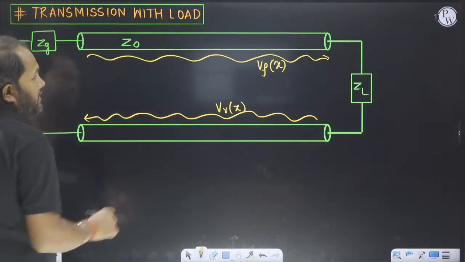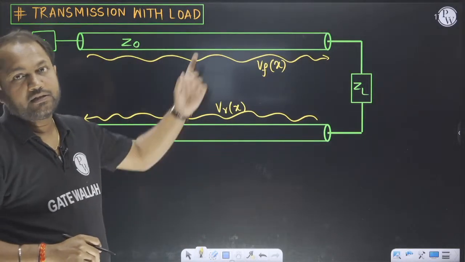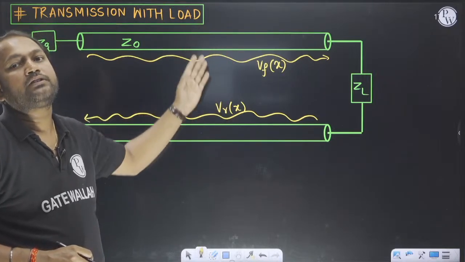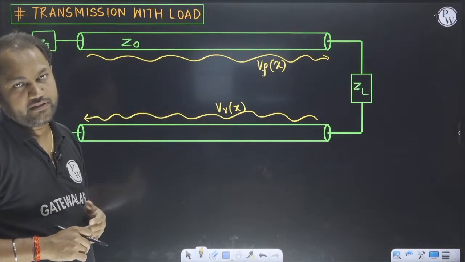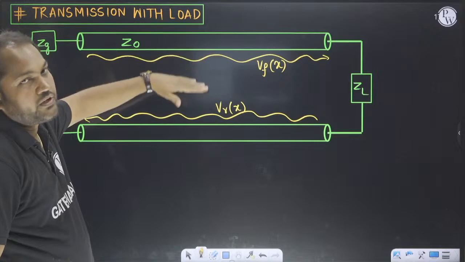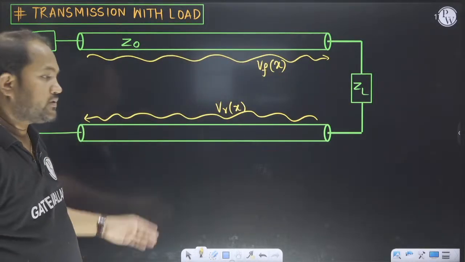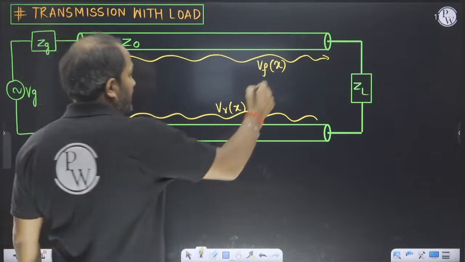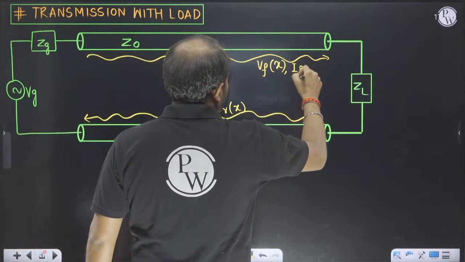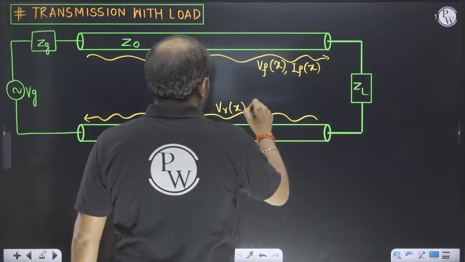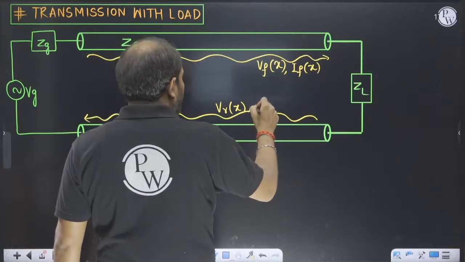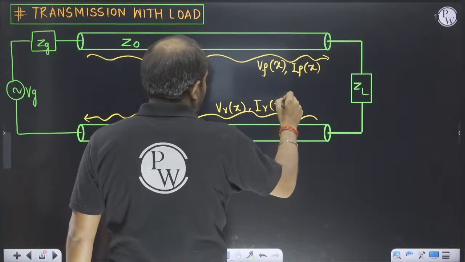These two voltages travel in the same transmission line, so they will add up or subtract according to phase. If there is forward voltage, then there is forward current also. If there is reverse voltage, there is reverse current also.